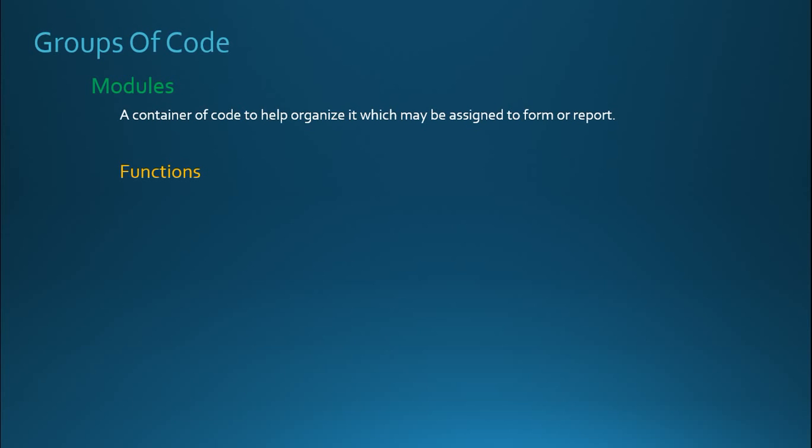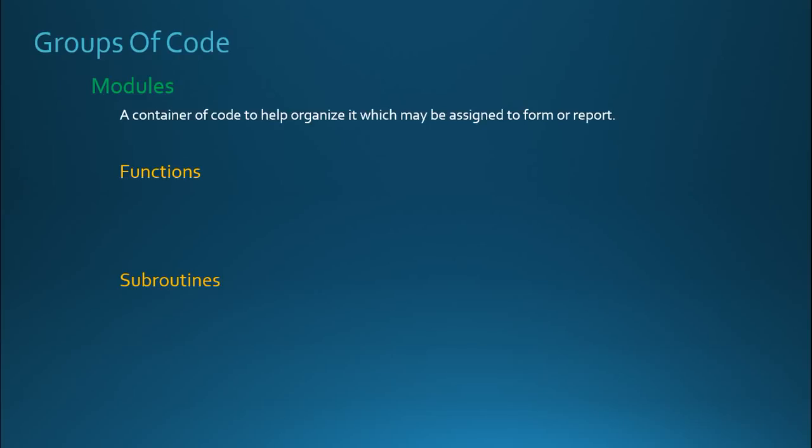In your module, you're going to have functions and you're going to have subroutines. And a good way to think about how this whole module, functions, and subroutines relationship happens is to think of, like in a book, you're going to have an author who writes several different chapters. And you can think of a chapter as a module, okay? In that particular chapter, the writer is trying to convey one particular aspect of the story.